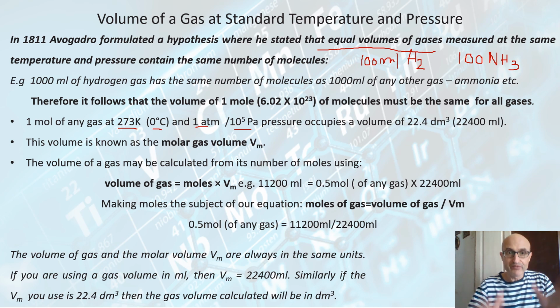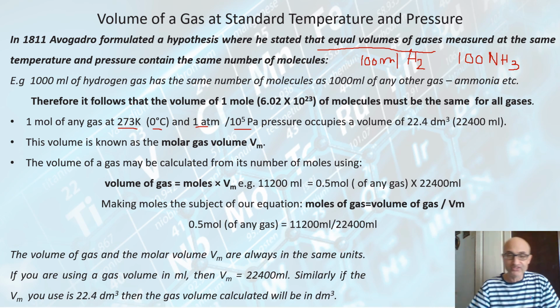Now, if I have 100 mils of hydrogen at those conditions of temperature and pressure, and I have 100 mils of ammonia also at those conditions, there are the same number of molecules of ammonia as there are of hydrogen.